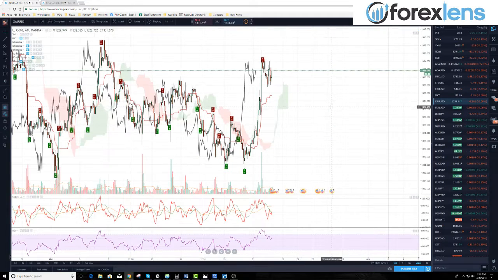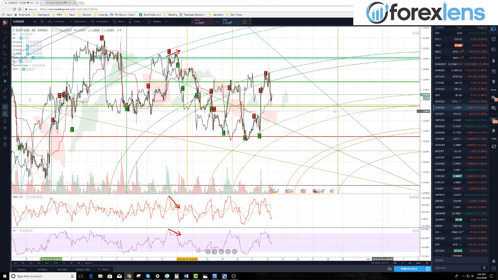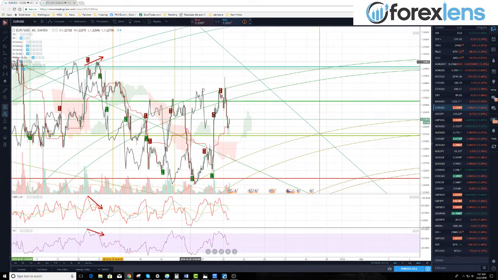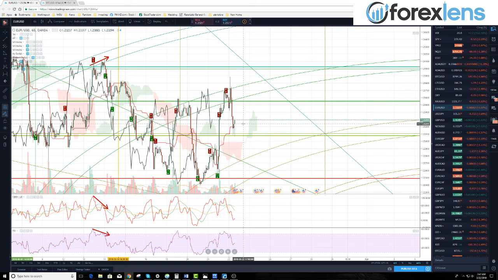And then looking at the gold trade, gold's looking like it's forming somewhat of a pennant, so keep our eyes on that. Euro pound caught a little bit of a bid here, or sorry, not euro pound, euro dollar.